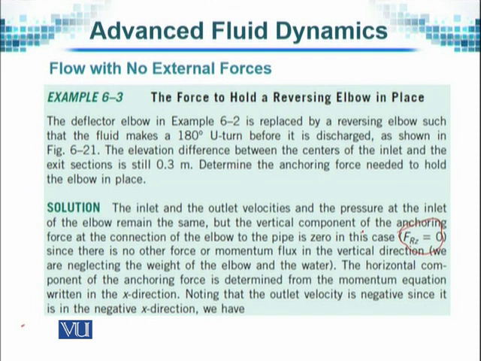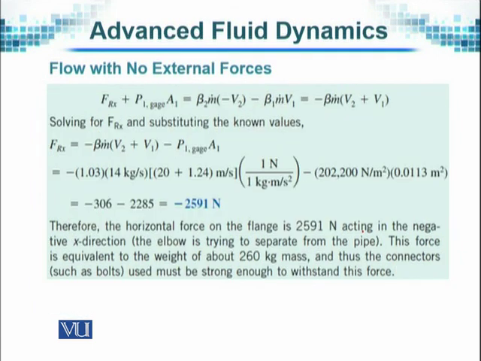The horizontal component of the anchoring force is determined from the momentum equation written in the x direction, noting that the outlet velocity is negative. Since it is negative in the x direction, we are now again trying to write down the momentum equation.